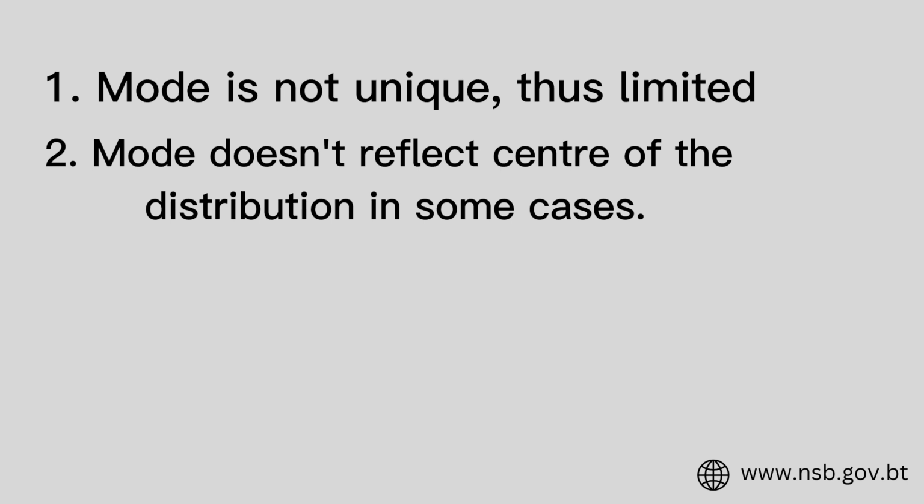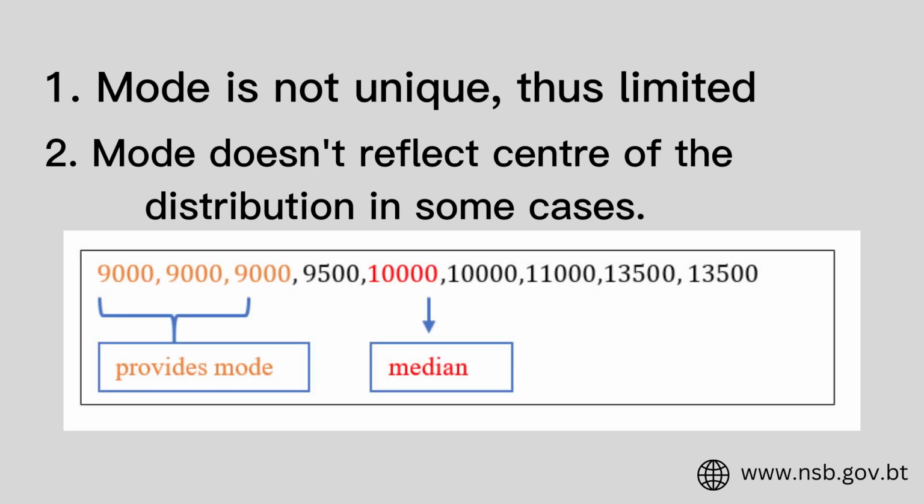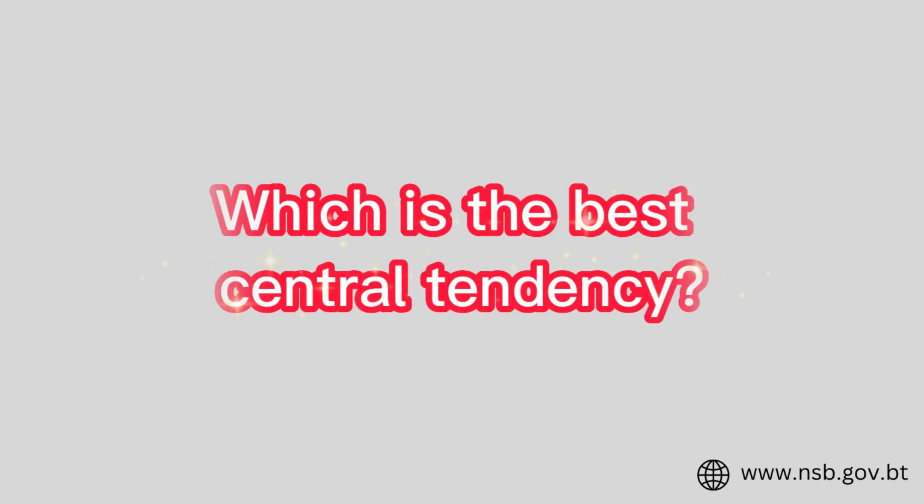Number 2. Mode may not reflect center of the distribution very well in some datasets. For instance, consider the monthly house rent data arranged in order, as shown. It is obvious that the median of dataset is 10,000. However, the mode is lower at 9,000. In this situation, using mode as a measure of central tendency will be misleading. To conclude, what is the best measure of central tendency?